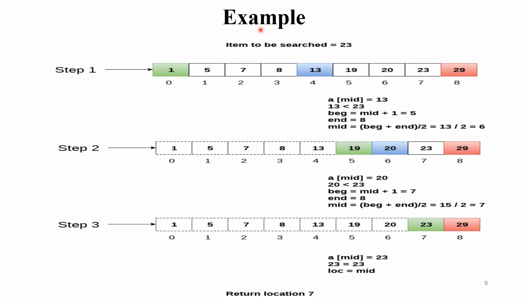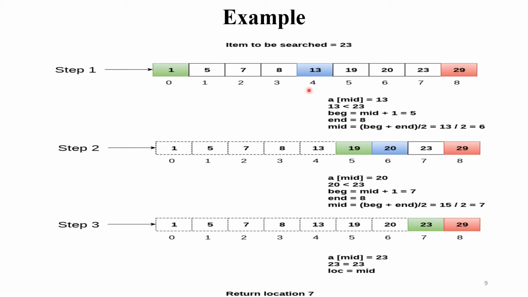Example for binary search. In this example, our key is 23. Key means the item to be searched. In this array, there are 9 elements, with indexes from 0 to 8. In binary search, first we find the middle index of the array.